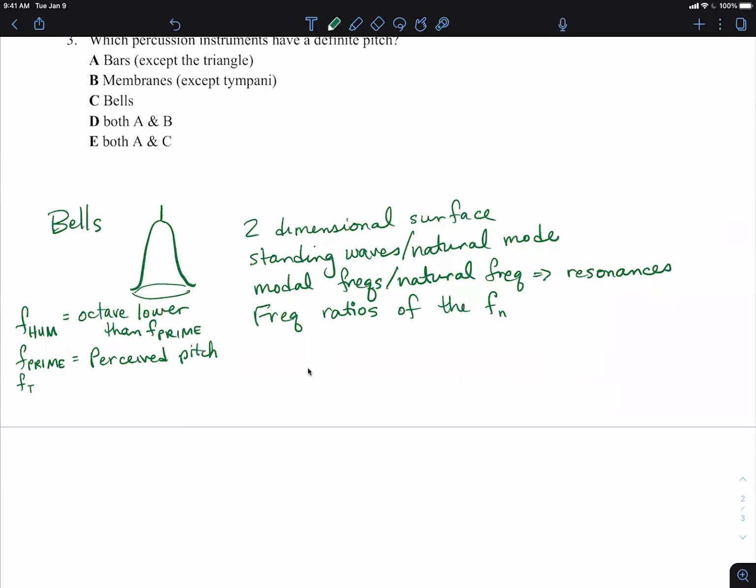Then the next one up is a minor third above the perceived pitch. And then you have the fifth, which is a perfect fifth above F prime. And then you have the octave, which is an octave above.